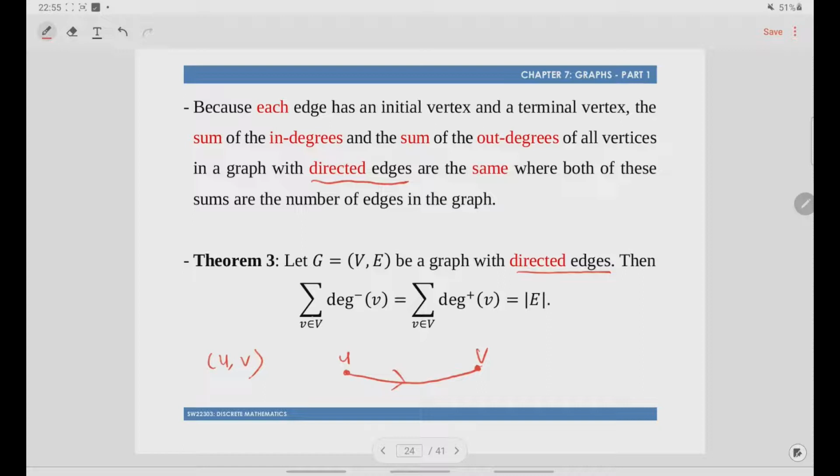Then the sum of the in-degree of the vertex v for all v in V equals the sum of the out-degree of v for all vertices v in V. Each summation equals the cardinality of the set E. The cardinality means the number of members of the set E. They are the same, they are equal.